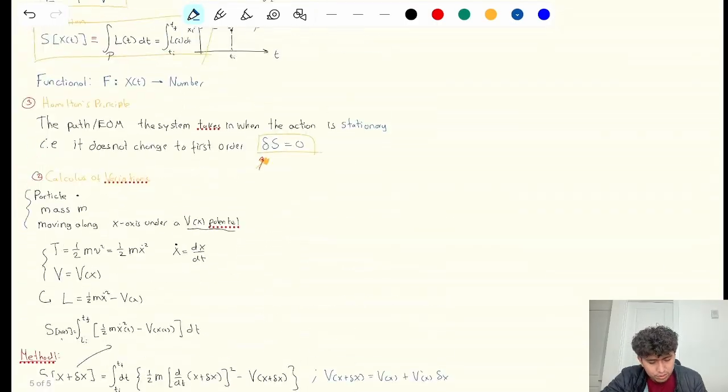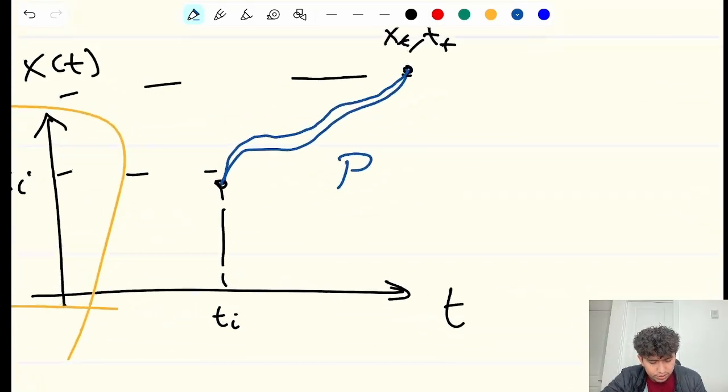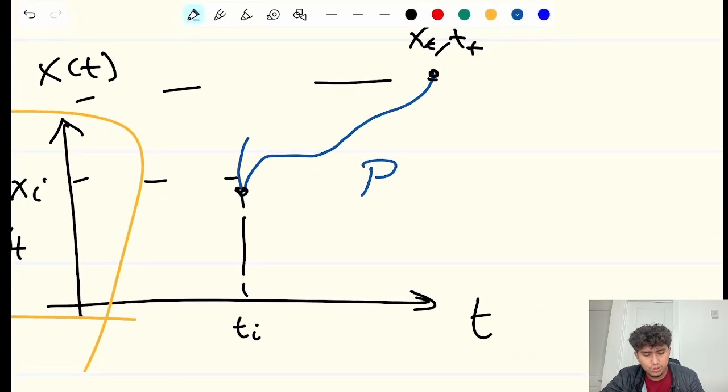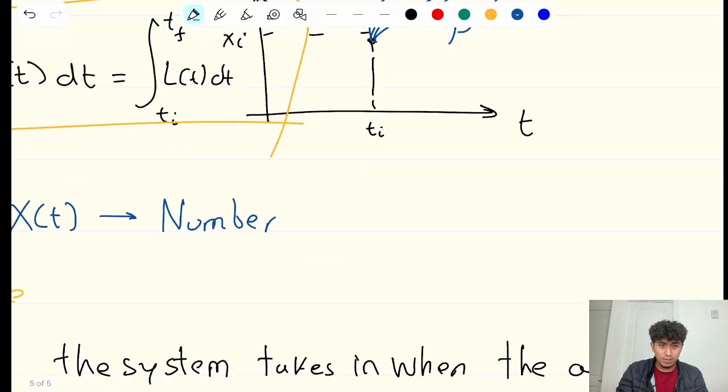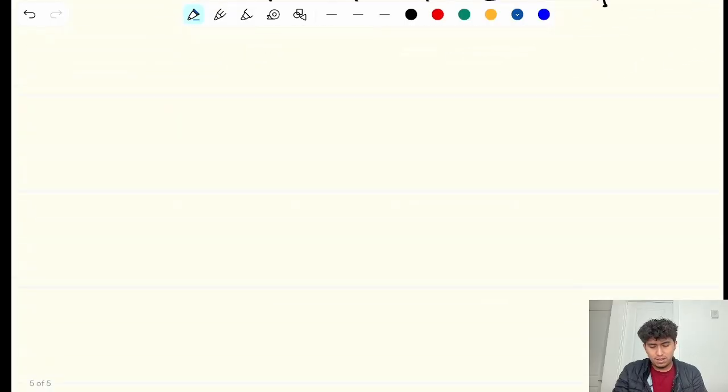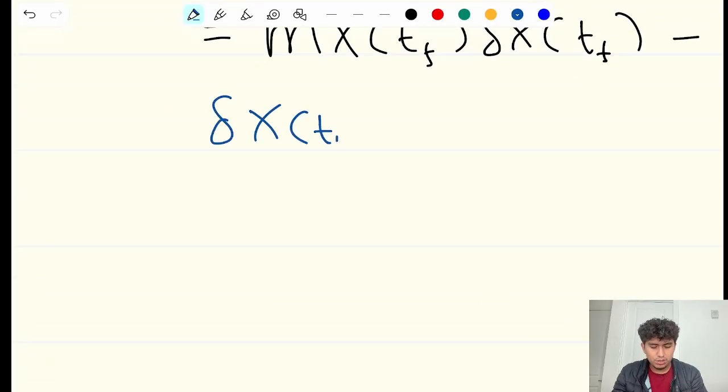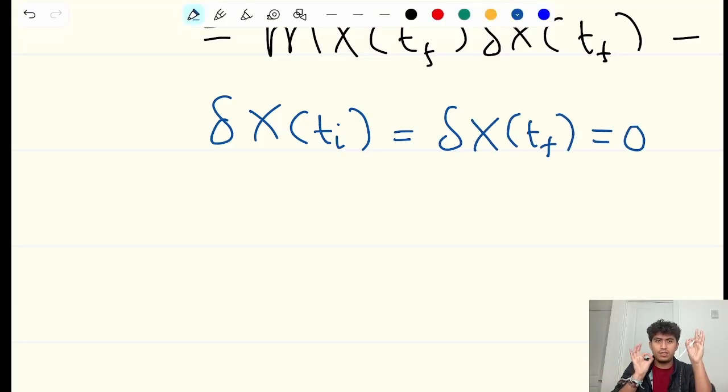I forgot to mention this, but whenever you do a variation, you're not changing the endpoints. You change everything on the path. You do little variations on all the paths, every single path possible between these two points, but you don't change the endpoints, which means that delta x, the variation on the endpoints, is going to be 0, since these stay fixed.